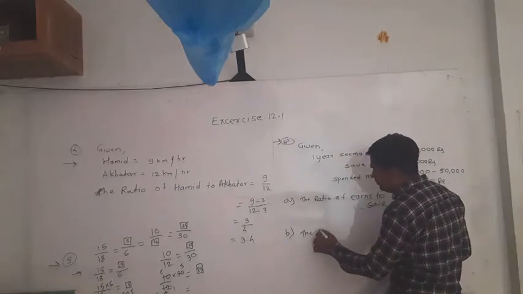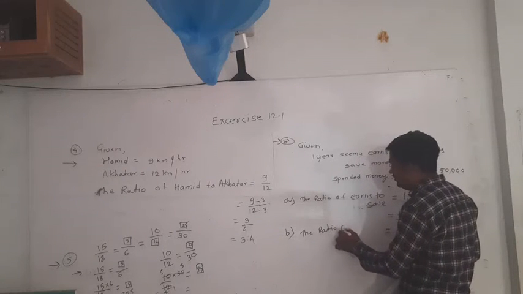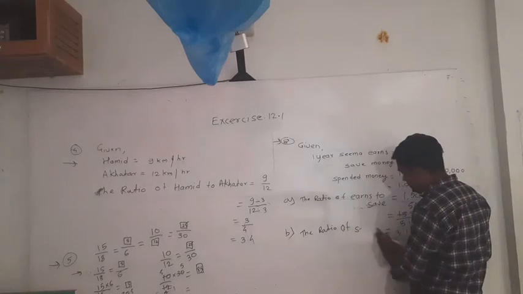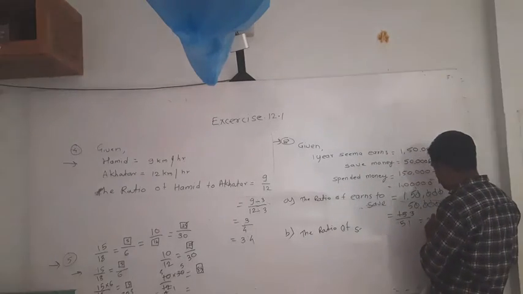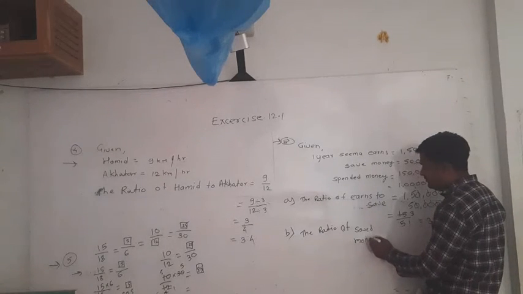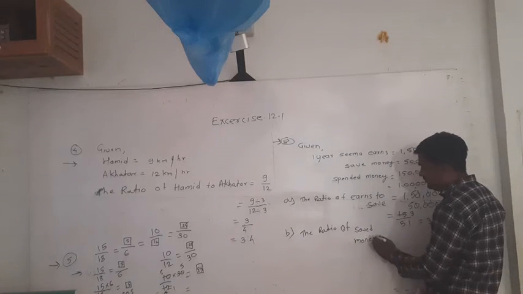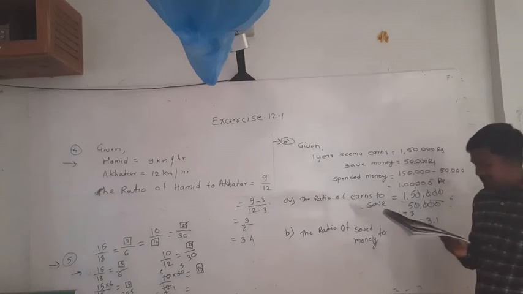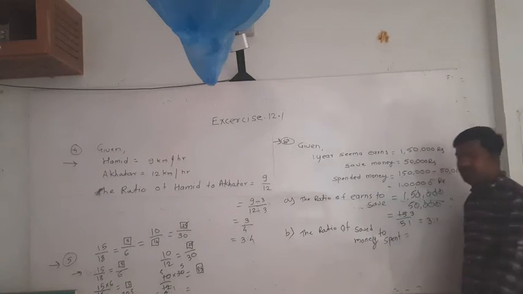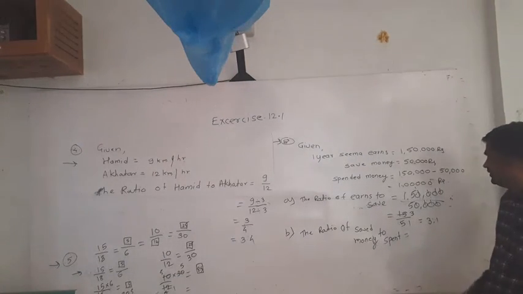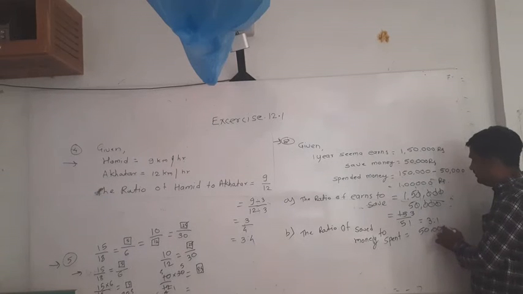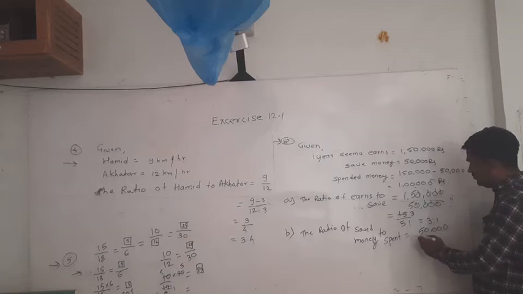The ratio of saved money to spent, meaning how much rupees is spent in a year. Now we know how much rupees is saved: 50,000. How much rupees is spent? 1 lakh.